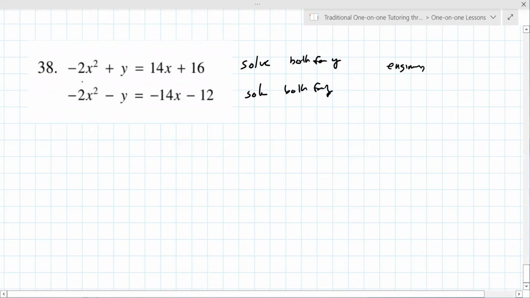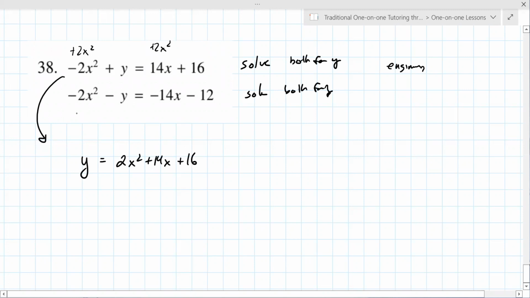In the top equation, you're going to add 2x squared to both sides. On the second equation, you have to do the same thing. We're going to tackle the first one, so it's y equals 2x squared plus 14x plus 16.